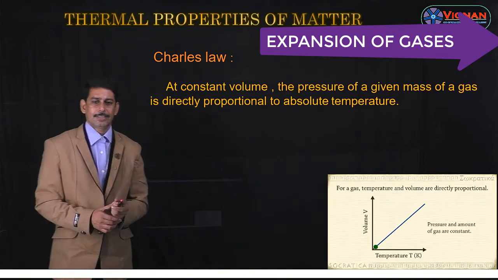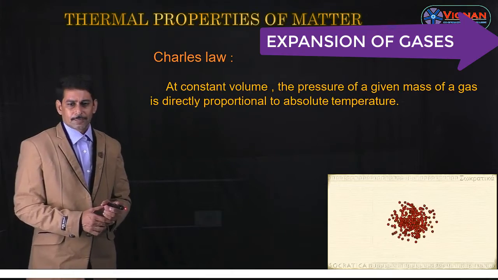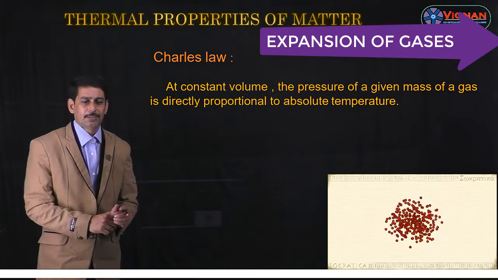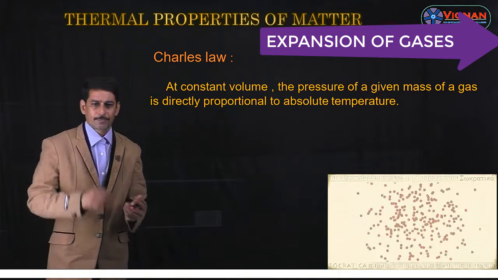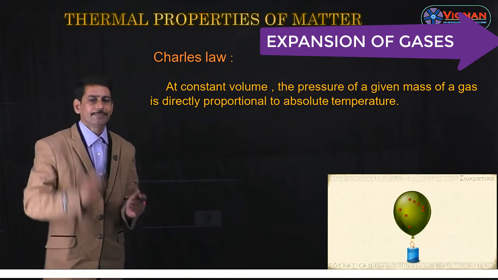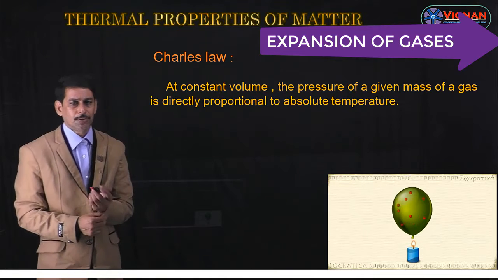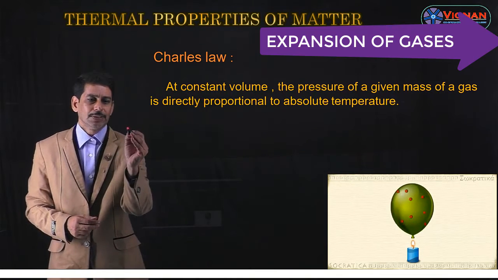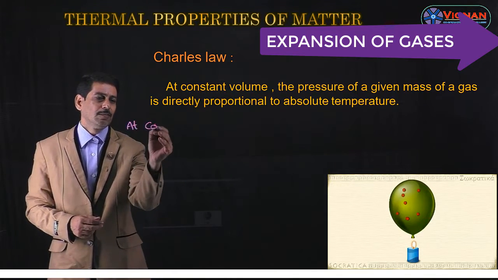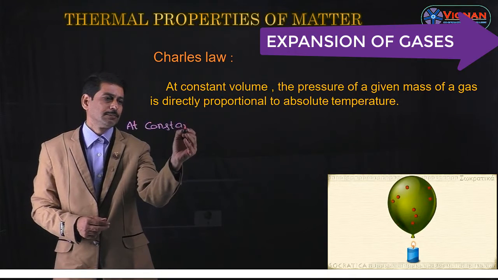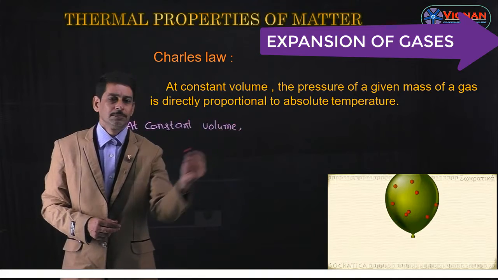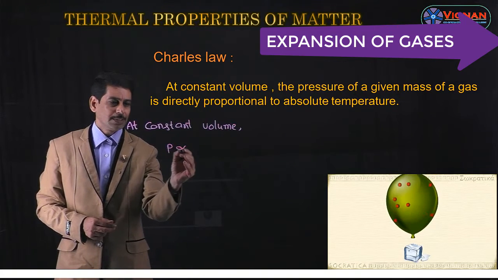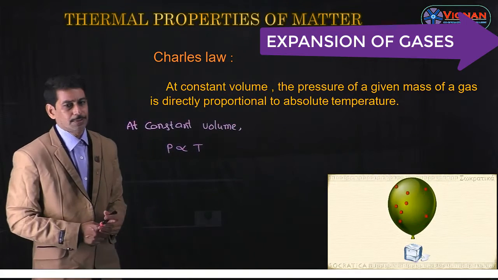Now let us see Charles' second law. Here we are keeping the volume constant, and the pressure of a given mass of a gas is directly proportional to absolute temperature. So at constant volume, the pressure of a given mass of a gas is directly proportional to absolute temperature.